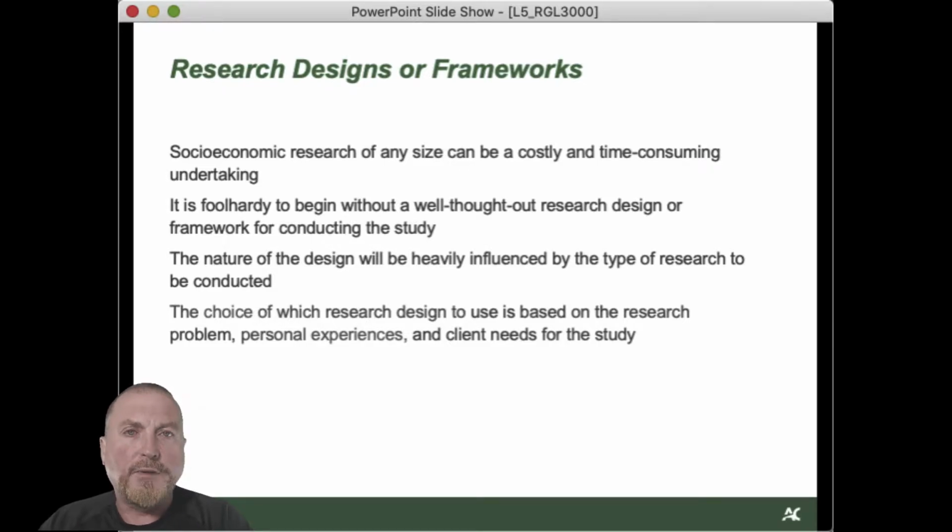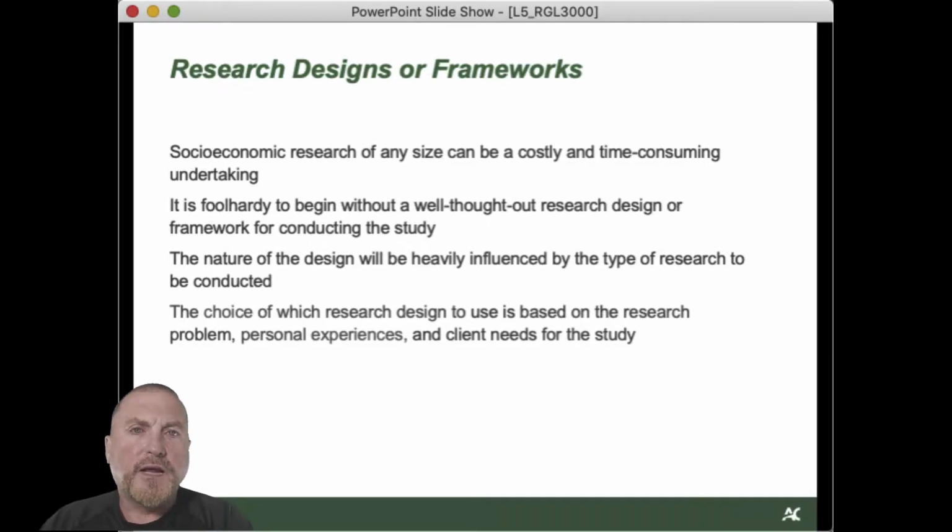So it's foolhardy to begin any kind of a research project of that scale without a research design in advance, okay? And presumably, or preferably, a research design that you've gotten major stakeholders to buy into, okay? Because then it sort of reduces the risk of the analyst in terms of the political dynamics of the process once findings from the study start to emerge.